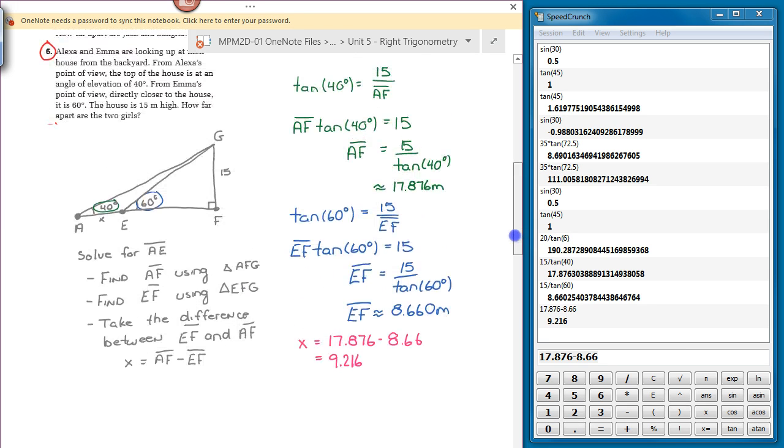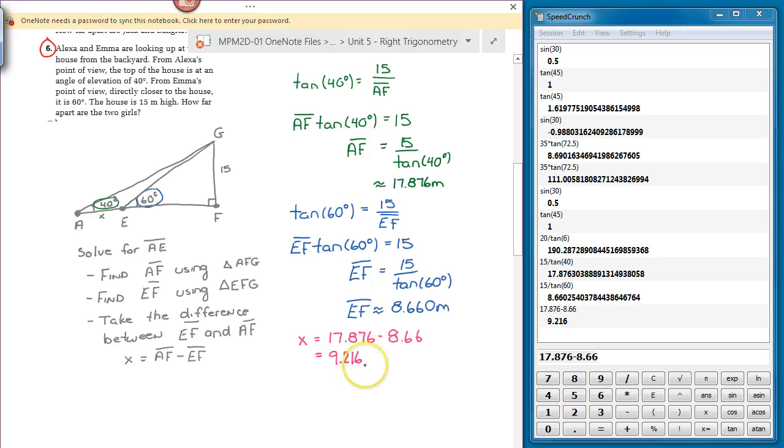So we get approximately 9.216. Therefore, the girls are 9.216 meters apart.